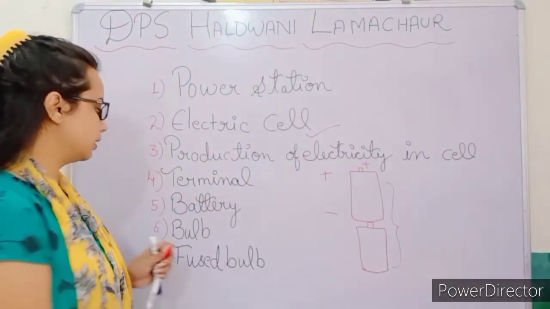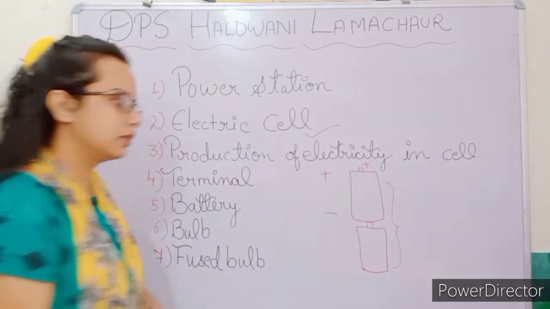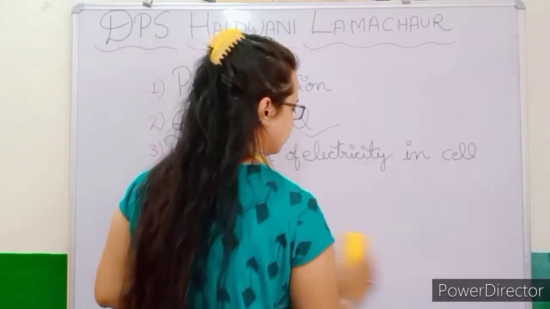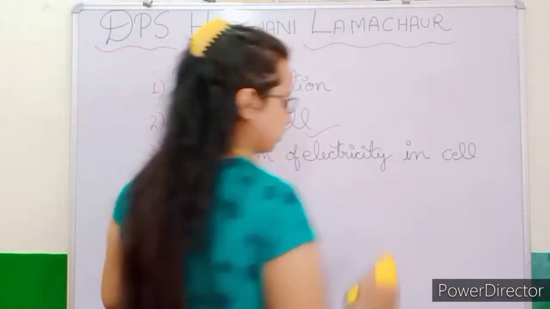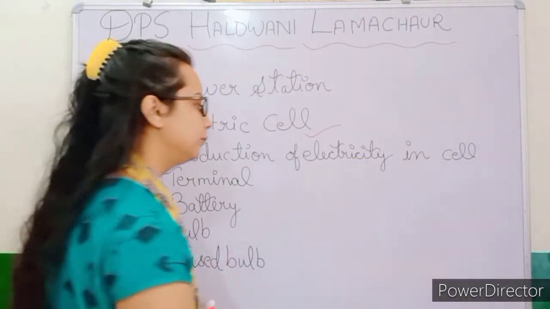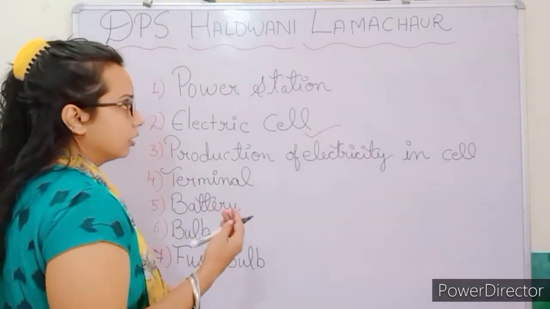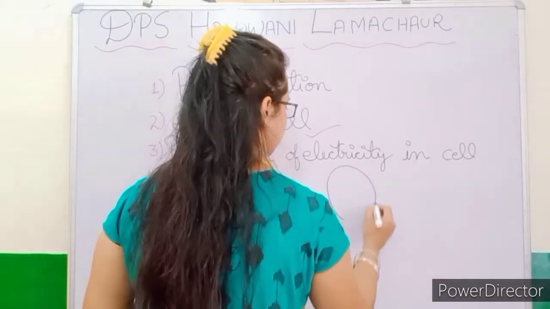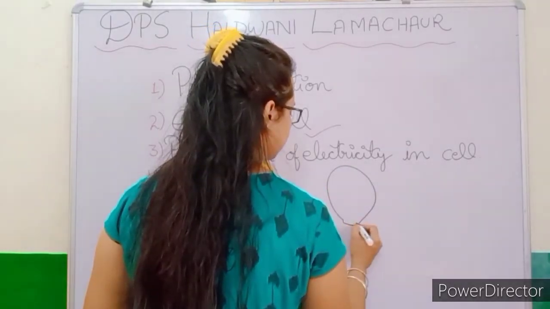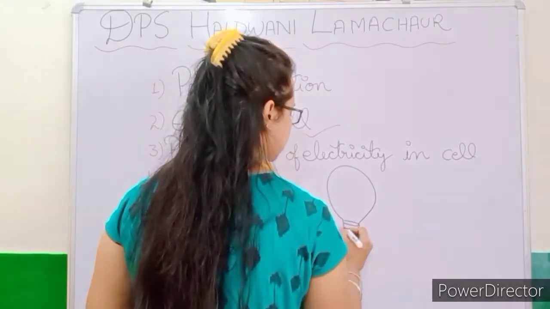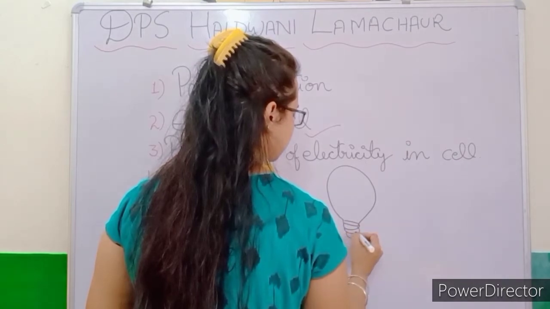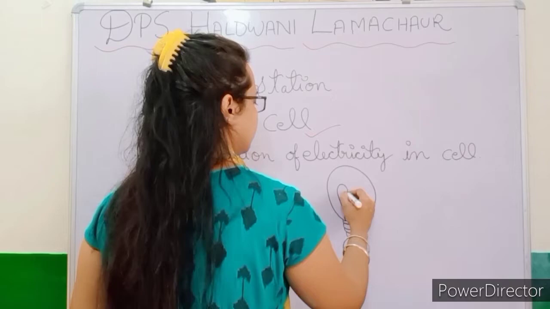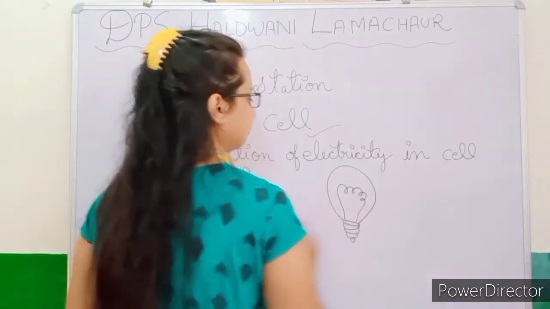Now the next one is the bulb. Students, I have shown you the structure of the bulb, and I also explained how a bulb glows. For example, this is a bulb, and this is the filament in the bulb.